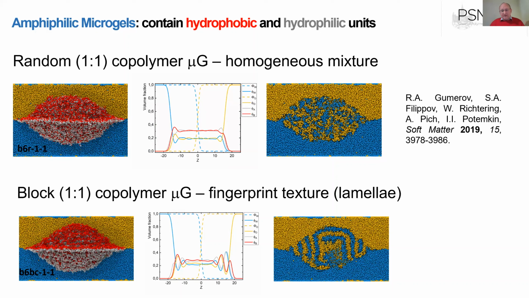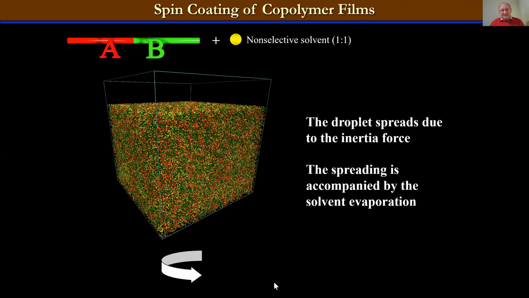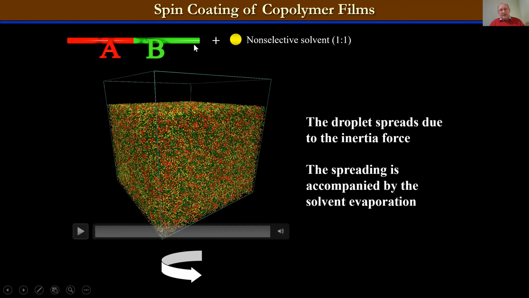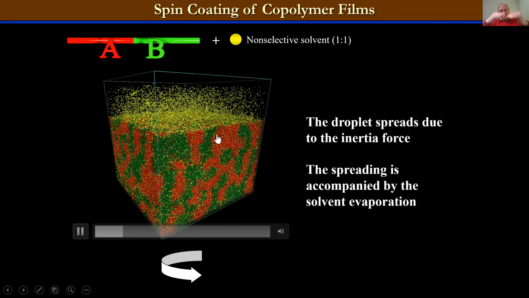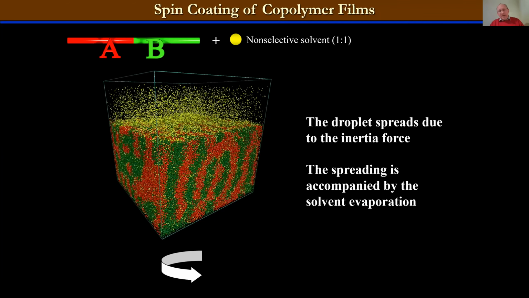For example, if you consider diblock polymers dissolved in a non-selective solvent, they don't form any microstructure. The microstructure is formed only when the solvent is evaporating from the system.